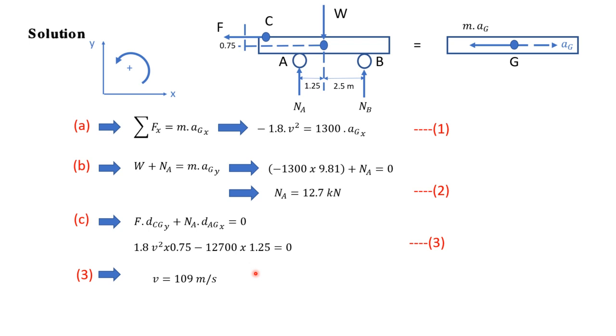Now, simply by substituting the V squared in equation 1, I can find the AGX, and this should be equal to 16.4 meters per second squared to the left, and that's why I gave it the negative sign.